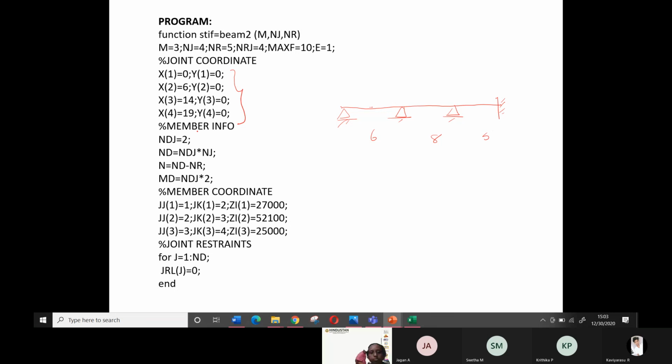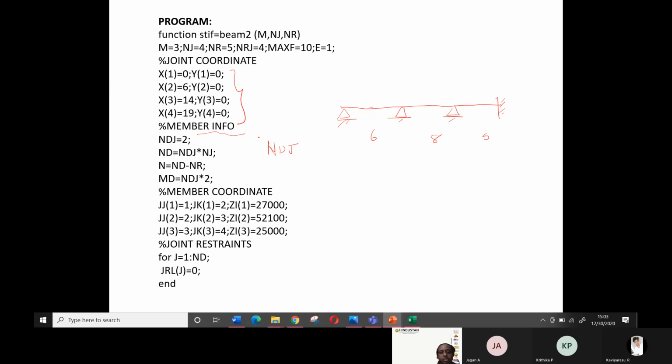Now we will move on to member information. Then we will talk about the number of degrees of freedom for a joint, NDJ. Just put a line and write it, otherwise you'll forget: number of degrees of freedom for a joint.